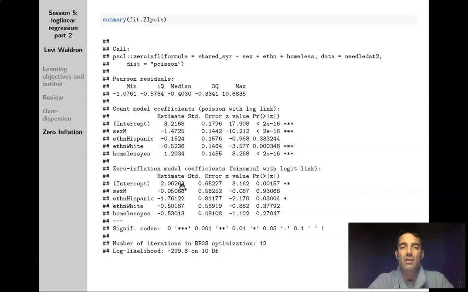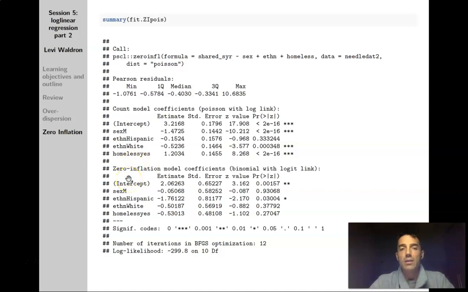So this default model that we've fit here is a fairly complex one and a difficult one to interpret. And I'm actually not a fan of this as a default because of this complexity of the model, and because I think in a lot of cases it would be hard to come up with a justification for why you think all of these would affect a zero inflation in your data generating model as well as your count model.